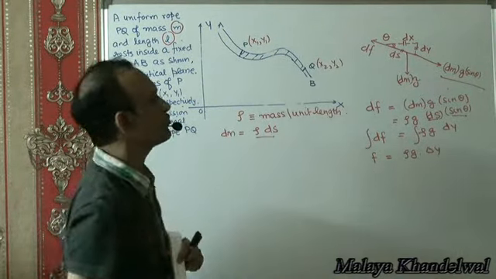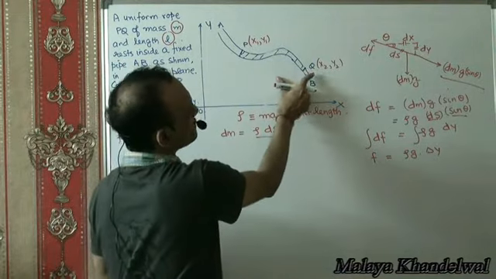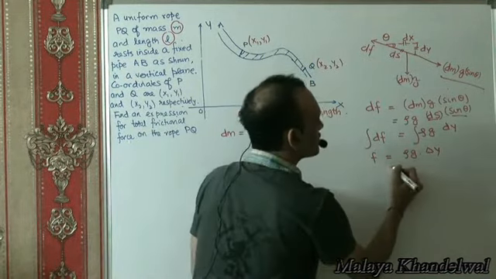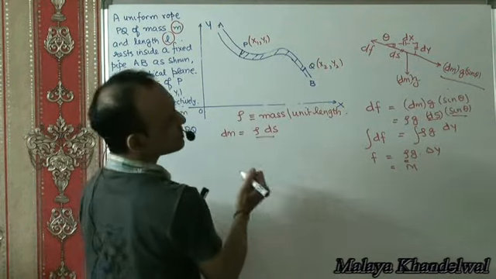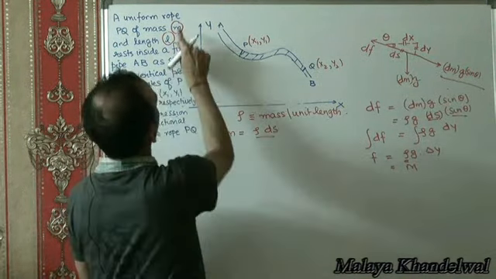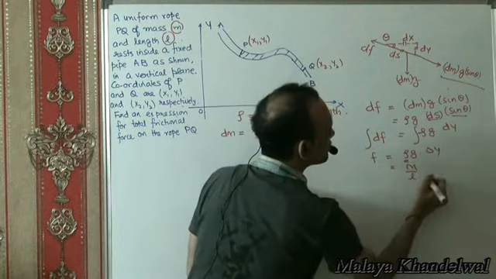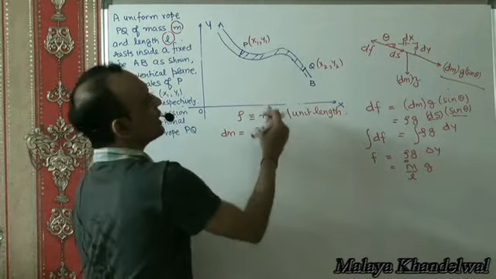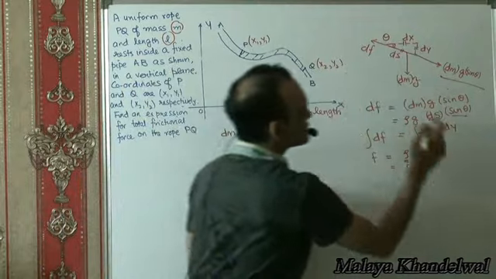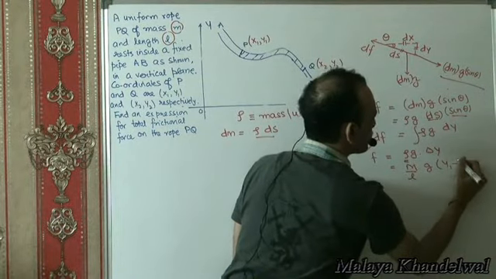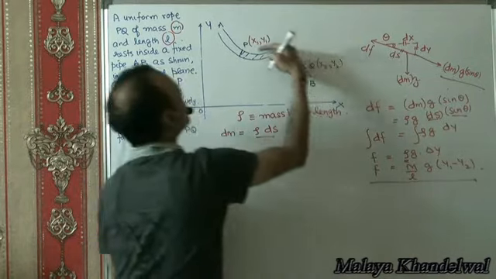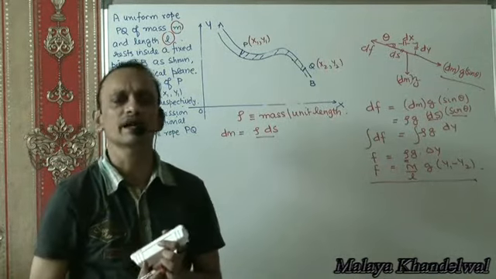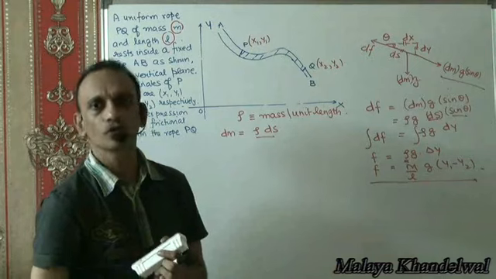This y is higher, so y1 minus y2. Rho is mass per unit length, so m by L into g into change in y, which is y1 minus y2. That's the total frictional force, the sum of all the friction acting at every single element that constitutes this rope PQ.